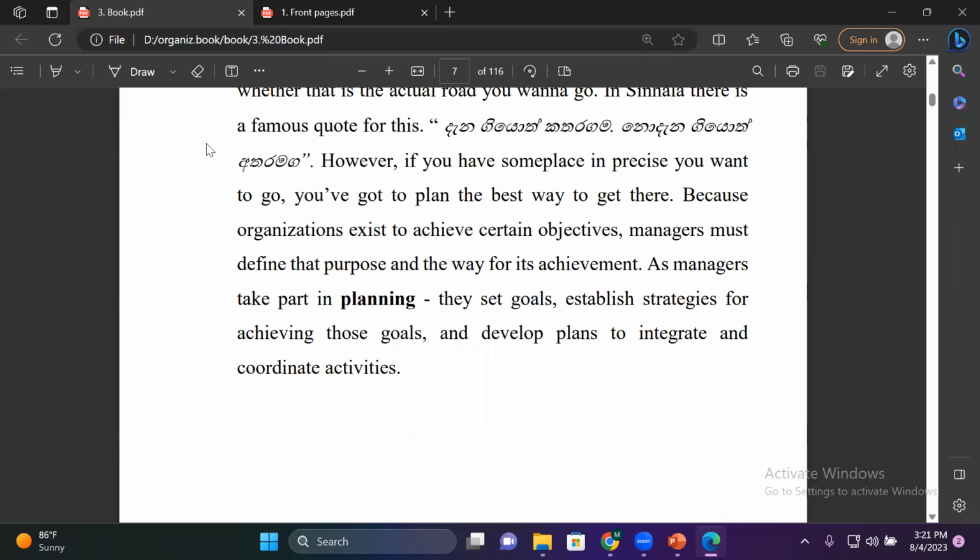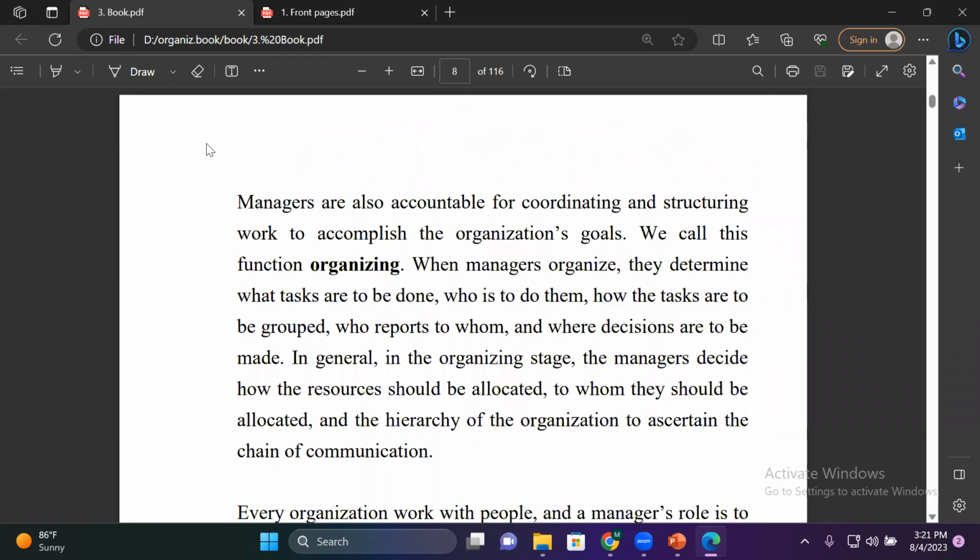They set goals, establish strategies for achieving those goals, and develop plans to integrate and coordinate activities. Okay? Set goals, establish strategies, and develop plans.